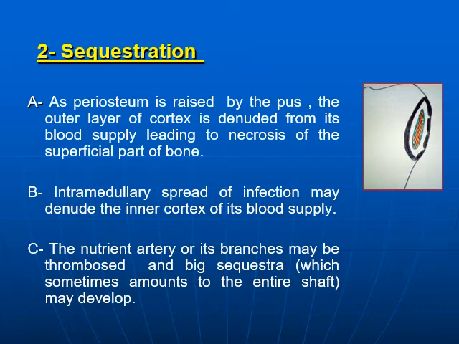We know that the initial site, as we mentioned before, occurs at the metaphysis. But why, in some cases on X-ray, do we find that the whole bone is affected? That is because the nutrient artery or its branches may be thrombosed and big sequestra form.